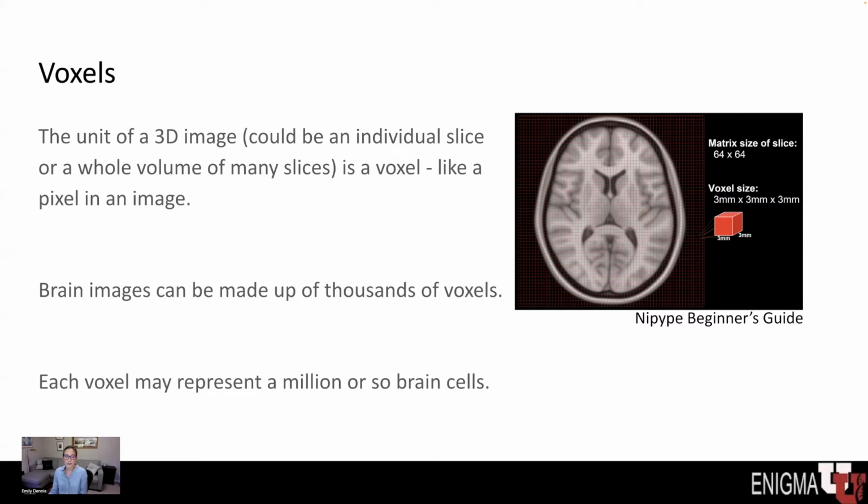So brain images can be made up of thousands of voxels or hundreds of thousands of voxels, depending on how small the voxels are. And each voxel may represent 1 million brain cells. So we are very much approximating what the brain is doing. We're not directly measuring individual brain cells here.